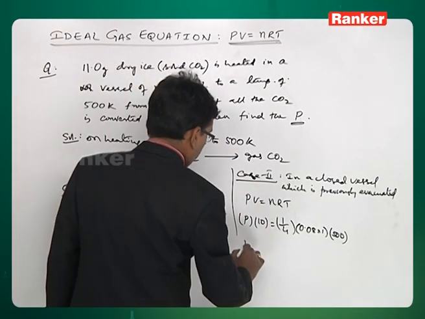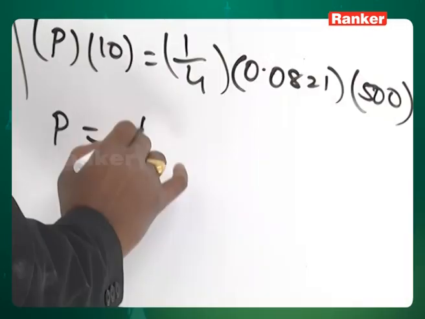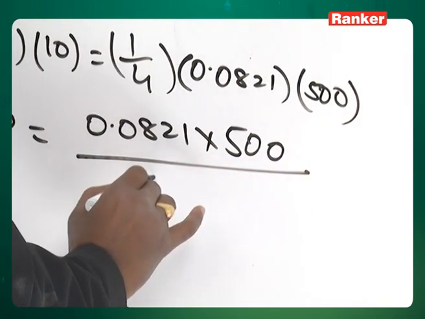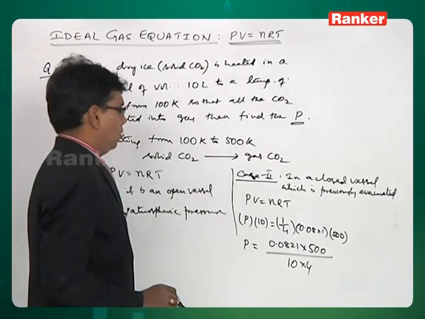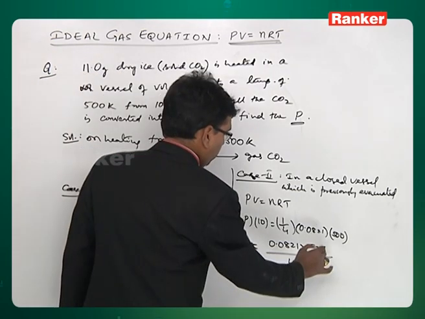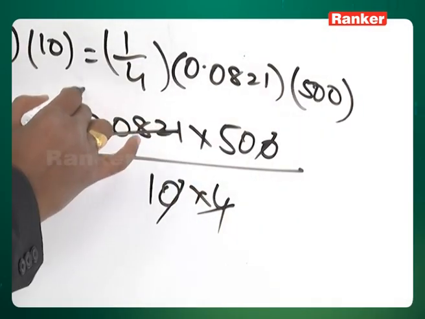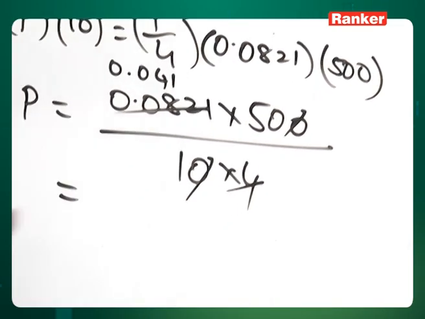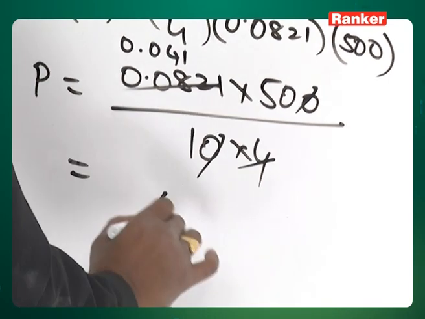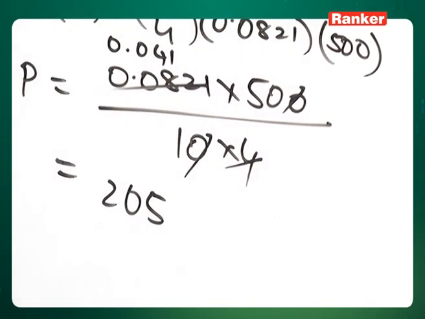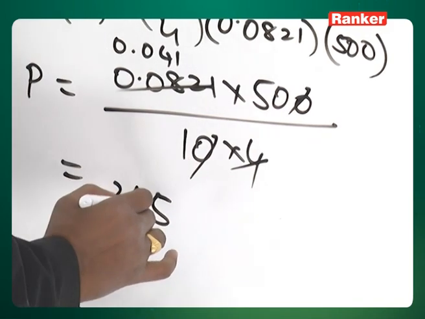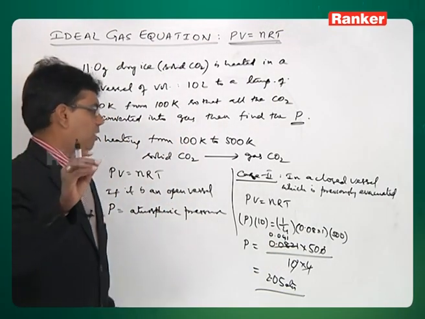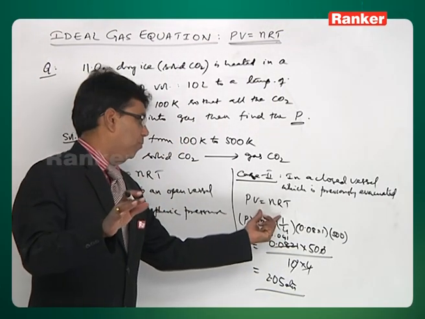So, this pressure is equal to 0.0821 into 500 by 10 into 4. Approximately I will take it as 0.041 into 50. So, this is equal to 2.05 atmosphere. This is a normal straight calculation by taking PV equal to nRT.